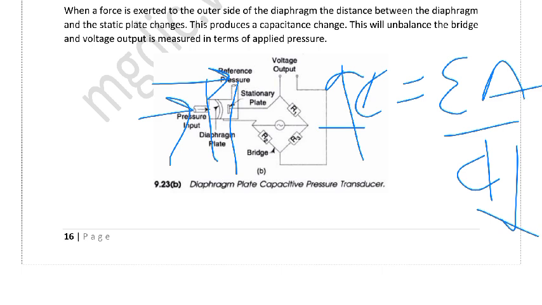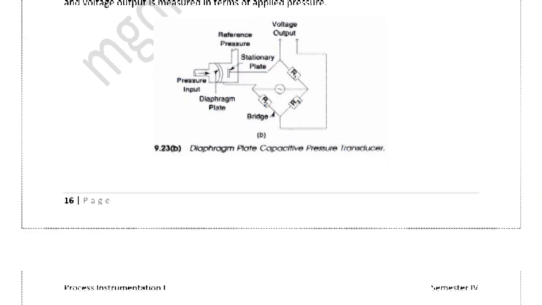So the capacitive reactance of this arm will change, the bridge is going to be unbalanced, the galvanometer shows the reading, and the output voltage is measured in terms of pressure. In this way, we can do this function.